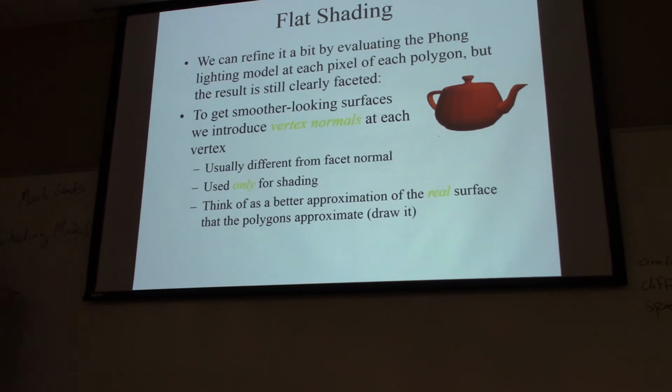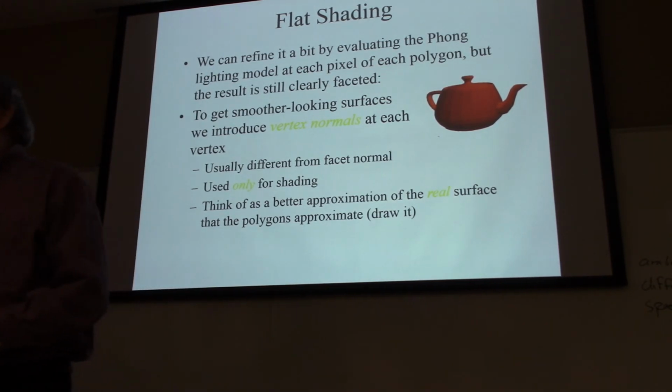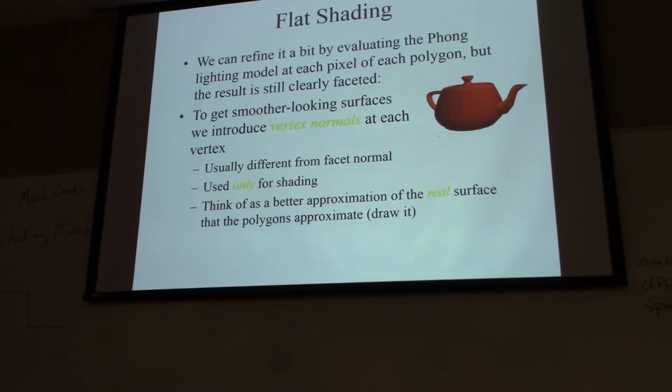So let's assume that we have a sharp change in illumination from one point to the next, all right? Because one facet is this color, the other facet is darker by an amount, and it changes abruptly at that point, okay? Now, how does the eye work?